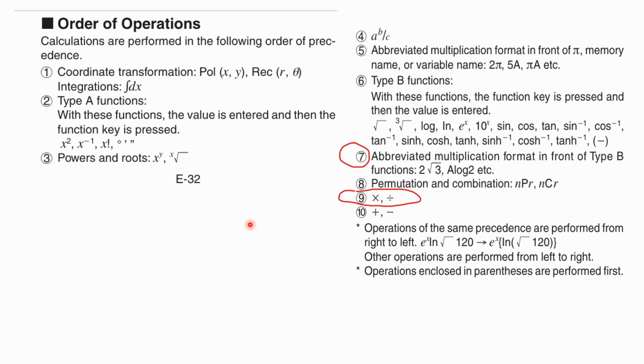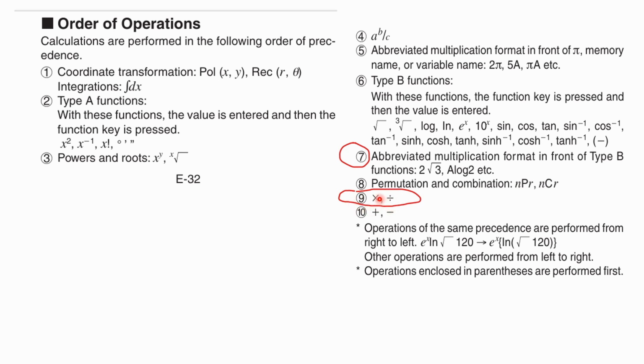So here's right out of the calculator manual, and it does say down here in steps 7 and 8, it talks about the order of operations and all the precedence of everything. When you get down to 7, it says abbreviated multiplication format in front of type B functions. So type B functions, you'd have to go up here and see what they're talking about. But they're giving priority to that. Number 8, permutations, combinations like NPR, NCR. And then finally down here, guess what?